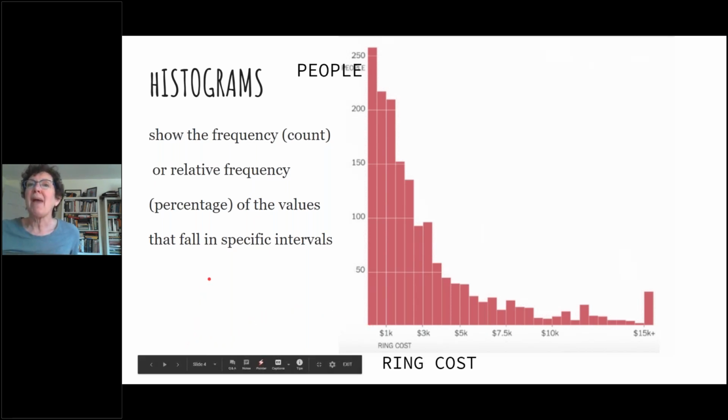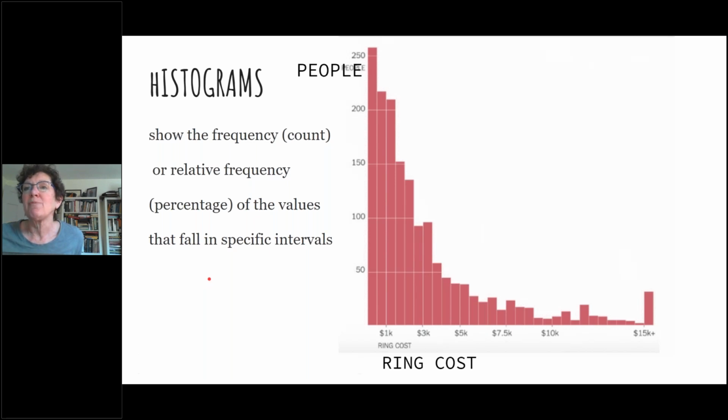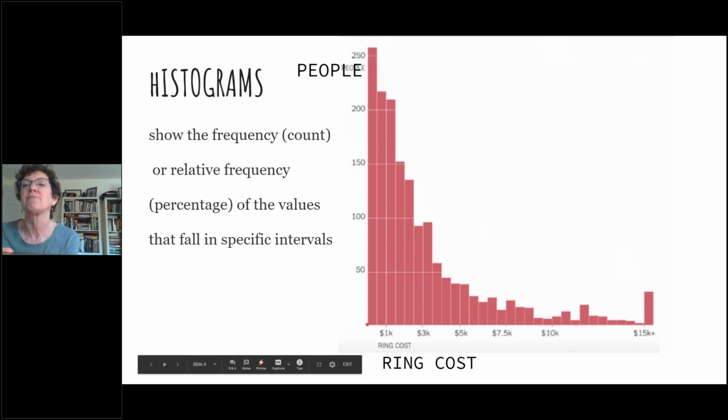But it doesn't really matter. You read them the exact same way. They represent data the same way. The only difference between a histogram and a bar graph is that the bottom piece is an interval, a spread of data.